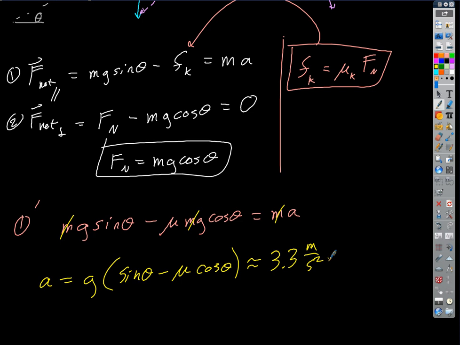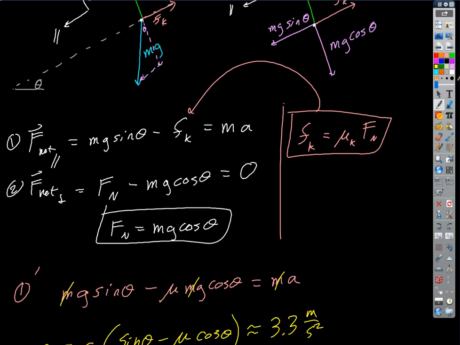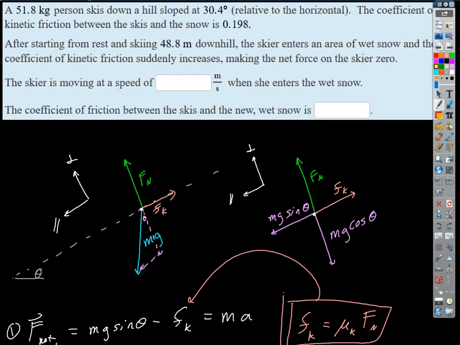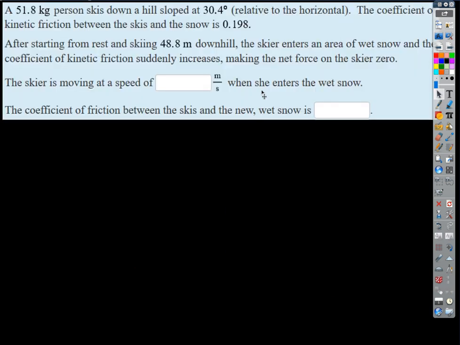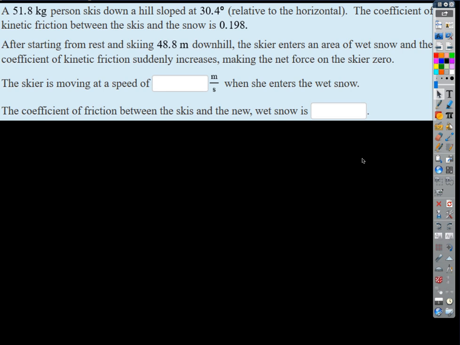We know what the acceleration is, and so if we go back up here, let me just copy this to the next page. Okay, so we'll start making our list of stuff that we know. So we know A is about 3.3 standard units.